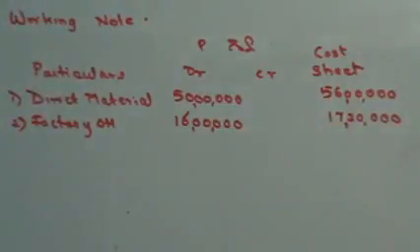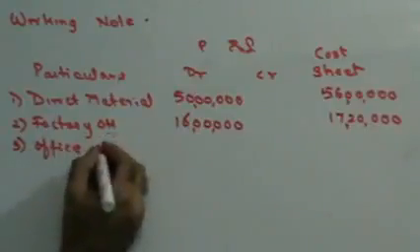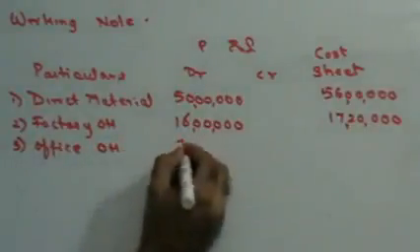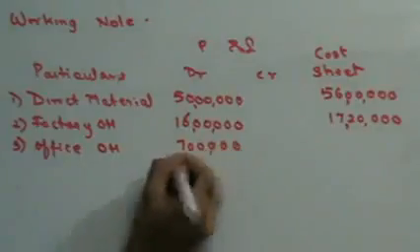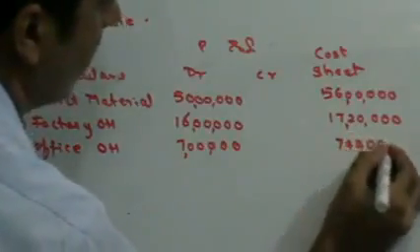Then you have office overheads. Office overheads are added in sales overhead only. So office overheads as per P&L is 7 lakhs. It's given to you in the statement. And office overheads as per cost sheet is 7 lakh 44,000.